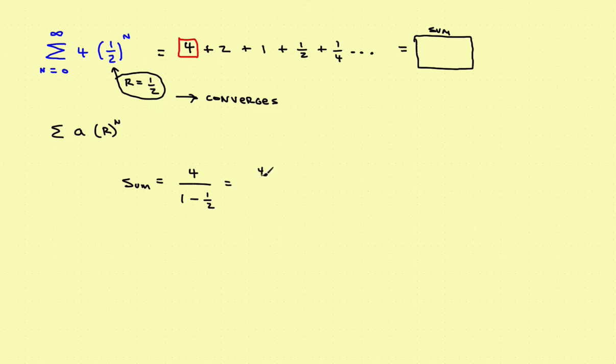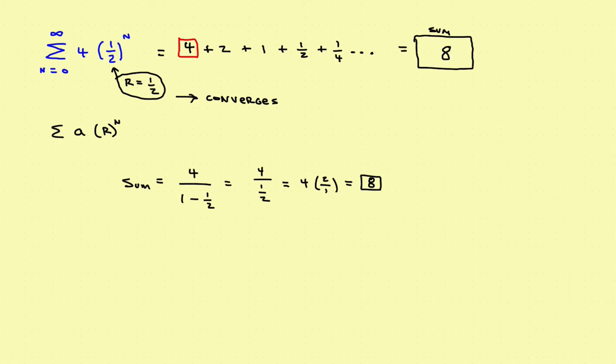So that gives me 4, and then 1 minus 1/2 would be 1/2. If I invert and multiply, I have 4 times 2 over 1, which would be 8. And that is going to be the sum that it converges to. So this entire thing converges to 8. So if you added up all these numbers to infinity, you get this.